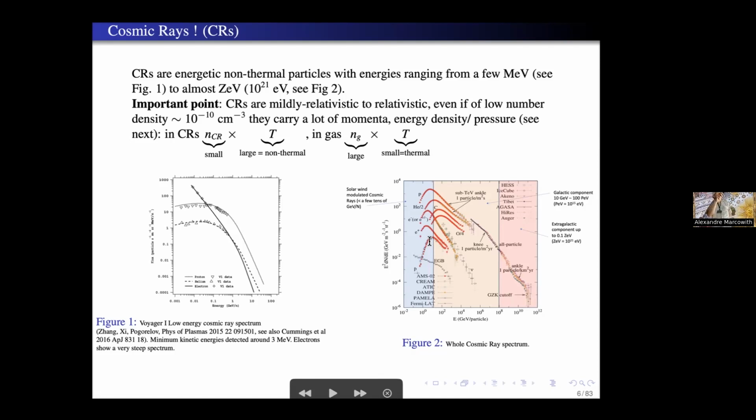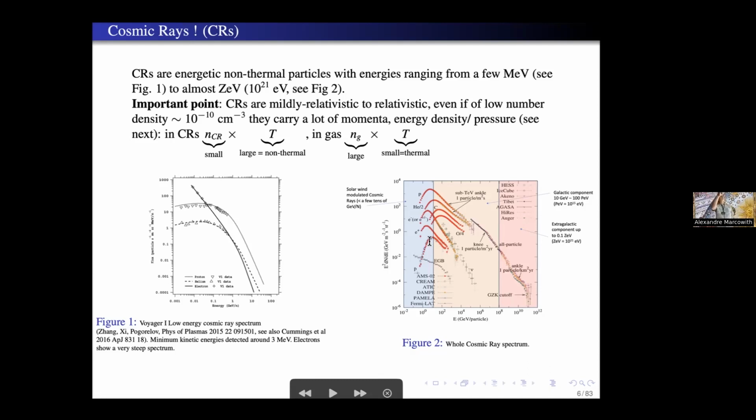Otherwise, the cosmic ray spectrum can last for decades in energy and flux. This is a very spectacular feature in nature. They have a huge power law, decreasing mostly as E to the minus 3.